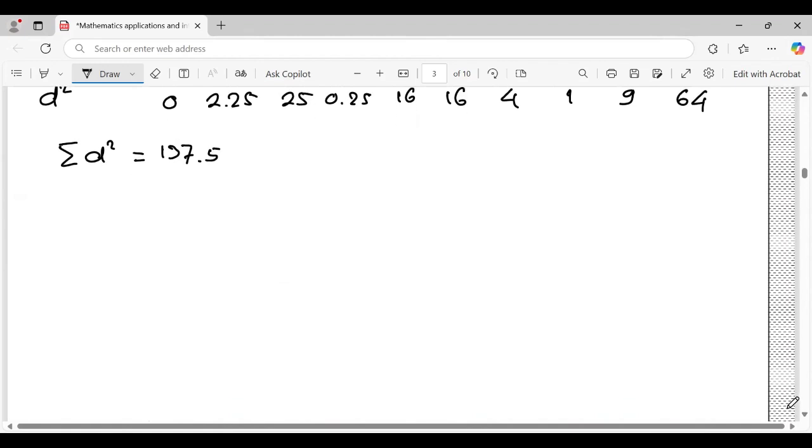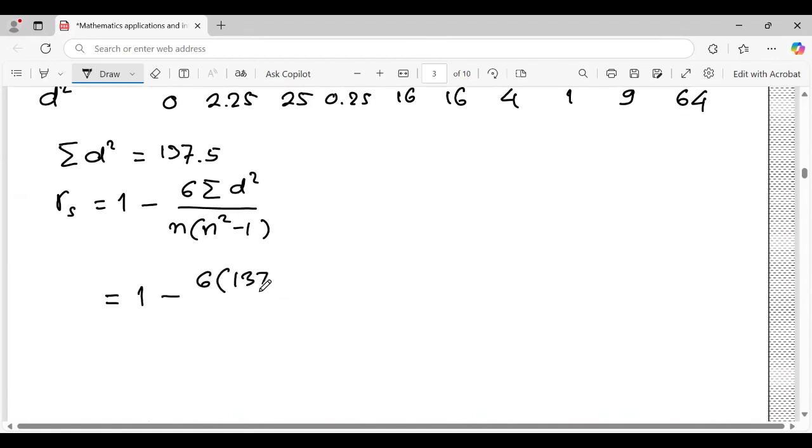Next, we are going to calculate RS. RS is 1 minus 6 sigma d squared over n squared minus 1. And it's going to be 1 minus 6 times 137.5 divided by 10 times 10 squared minus 1.